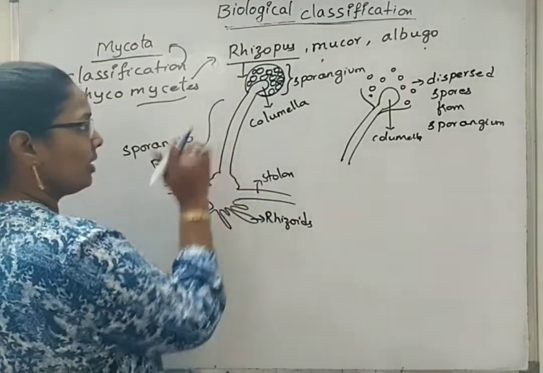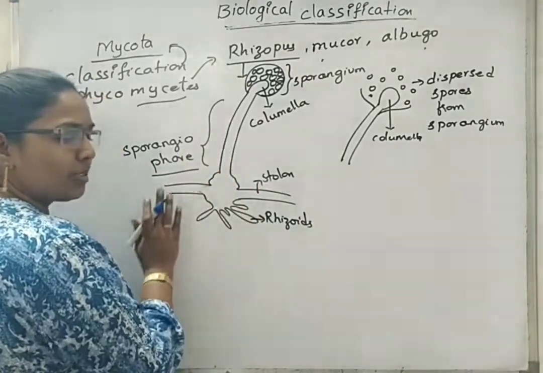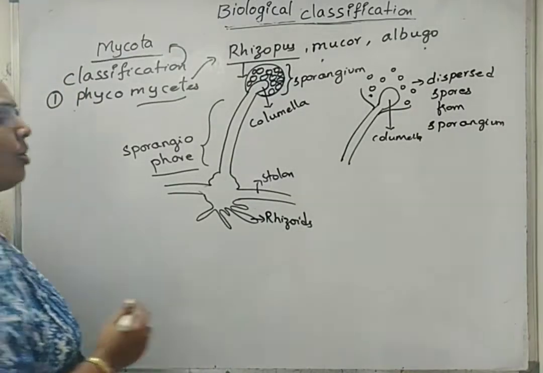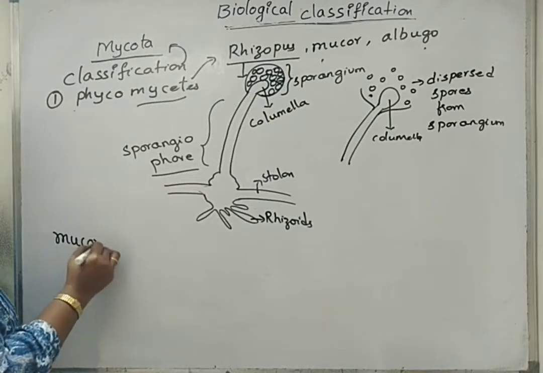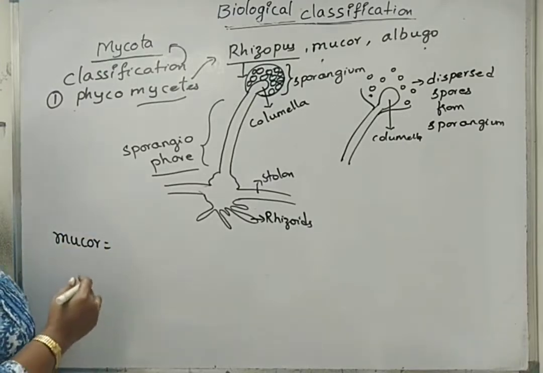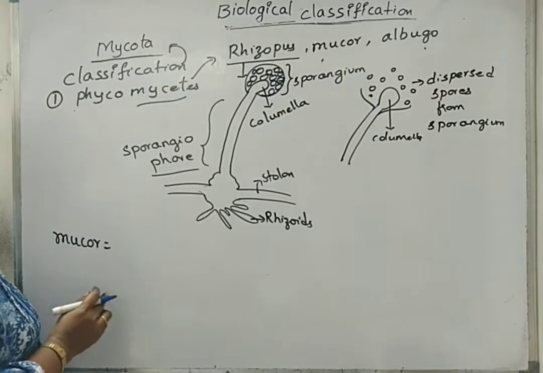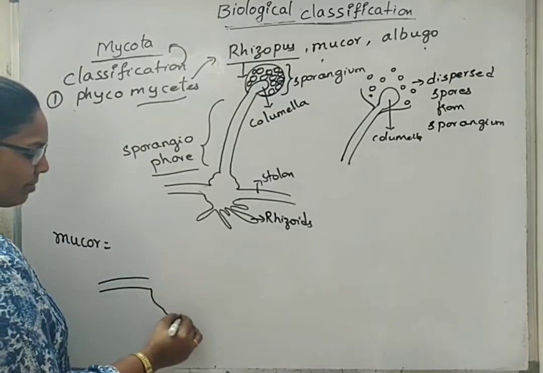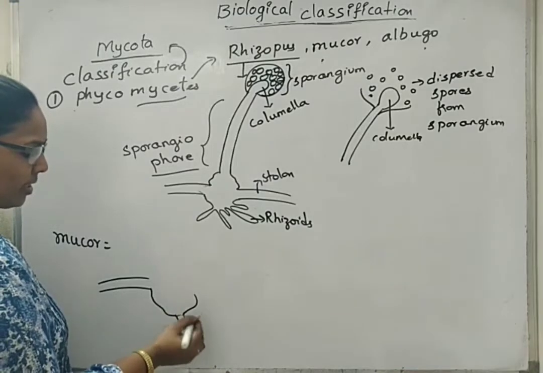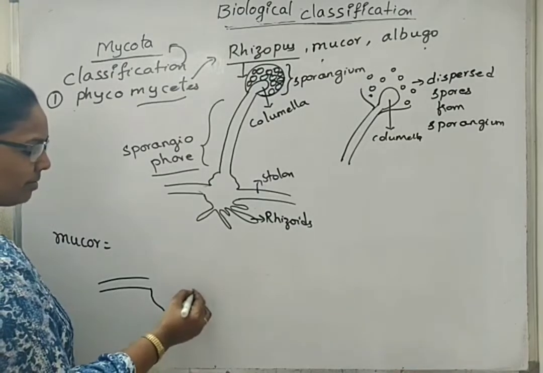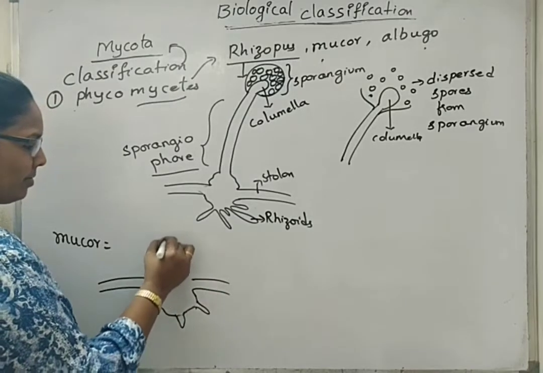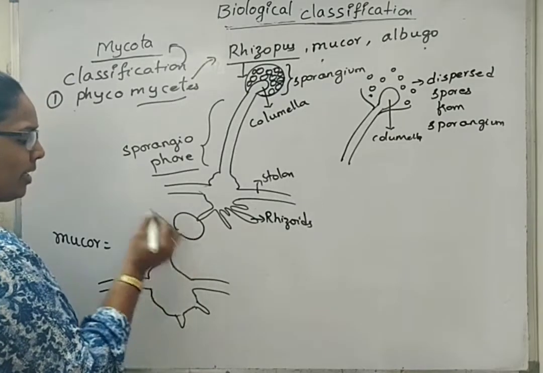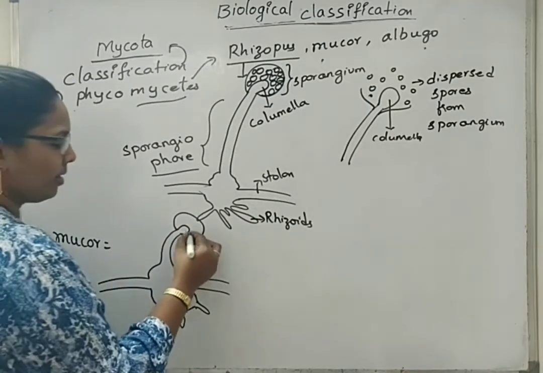There are stolons and rhizoids in Rhizopus. And what about Mucor? Mucor does not have any stolon or rhizoids. Initially it looks the same as Rhizopus.